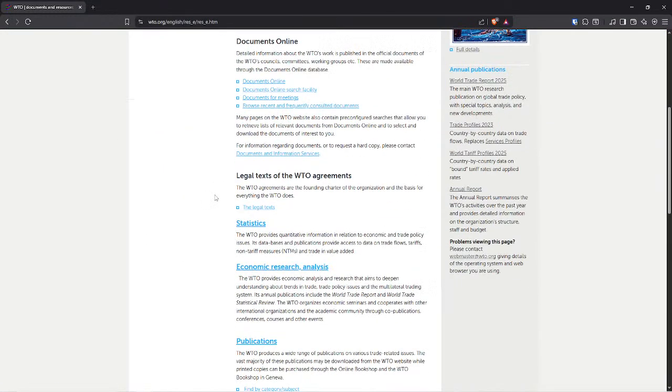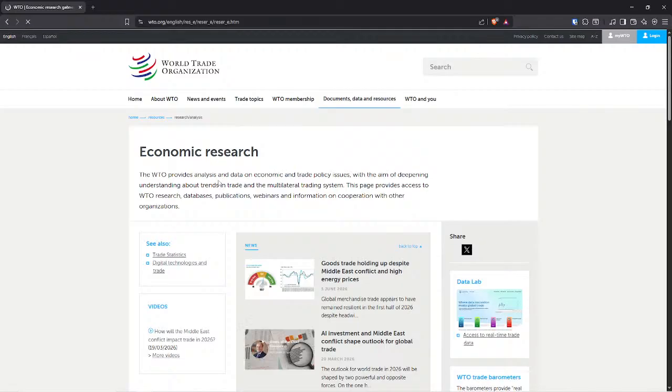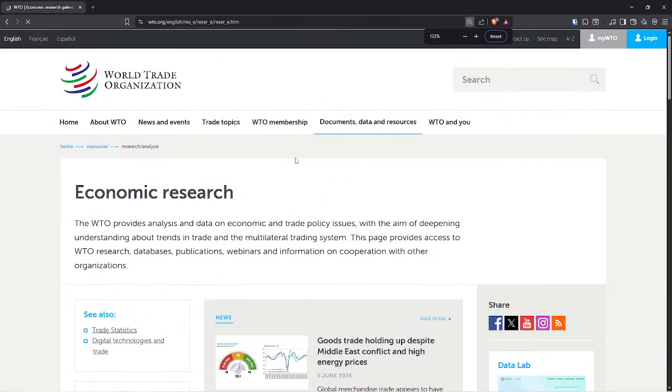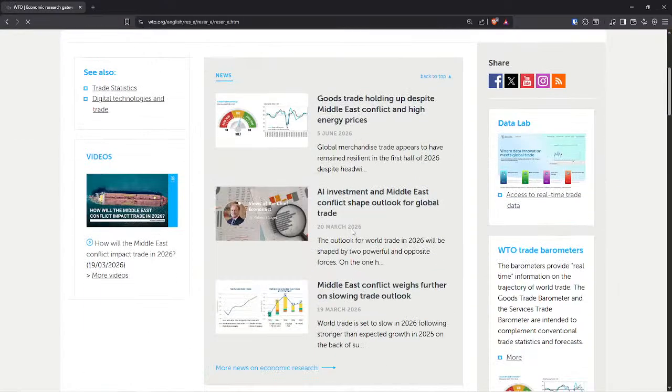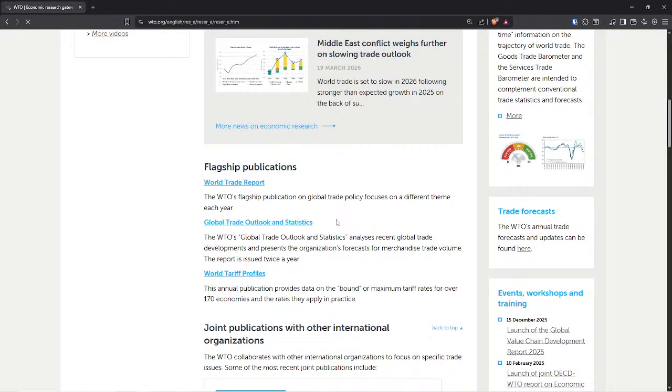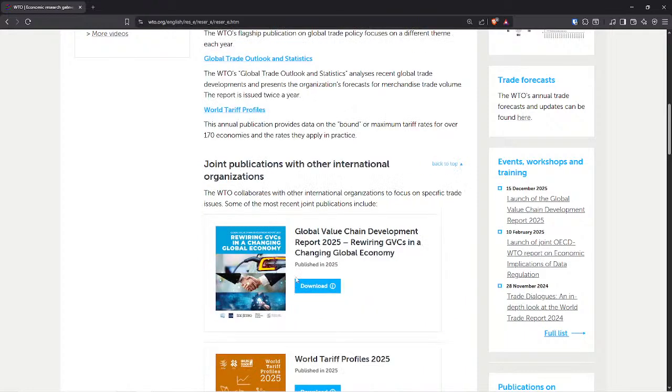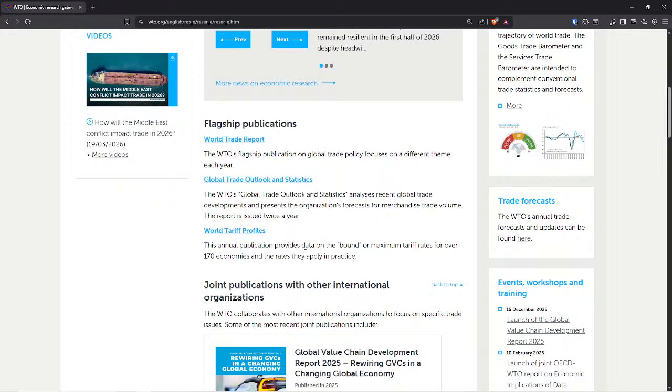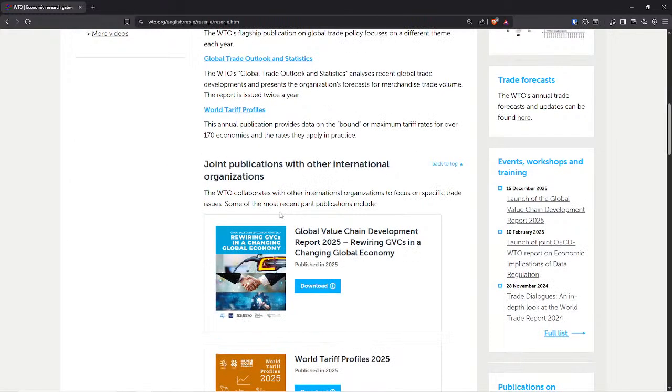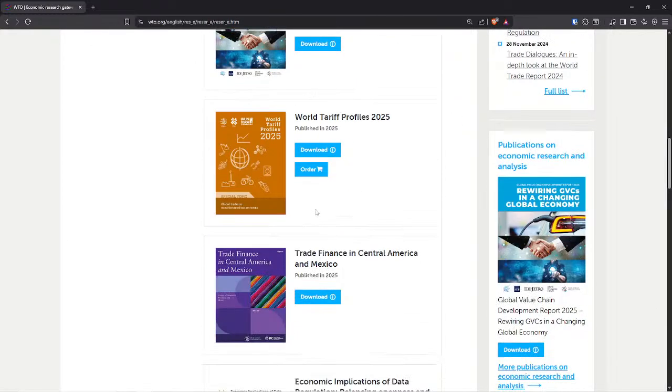Documents online. Economic research by country. I'd like to look at Australia. Tariff profiles. Data on the bound or maximum tariff rates over 170 economies and the rates they apply in practice. Tariff profiles.